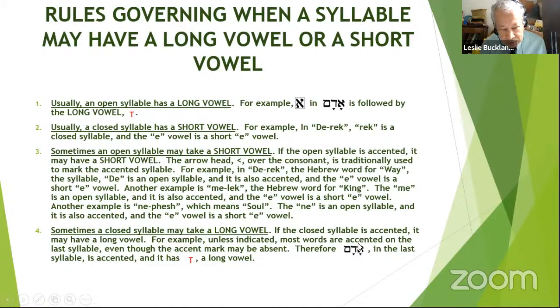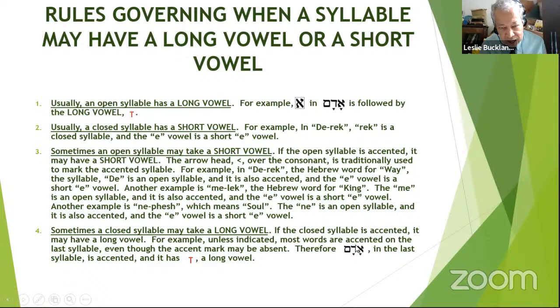Why is it there? Because usually the accent comes on the last syllable. And you don't see any arrowhead because the general thing is that most words take the accent on the last syllable. So it is already understood that the last syllable is accented unless it is indicated otherwise by an arrowhead over the syllable that is next to the last syllable.